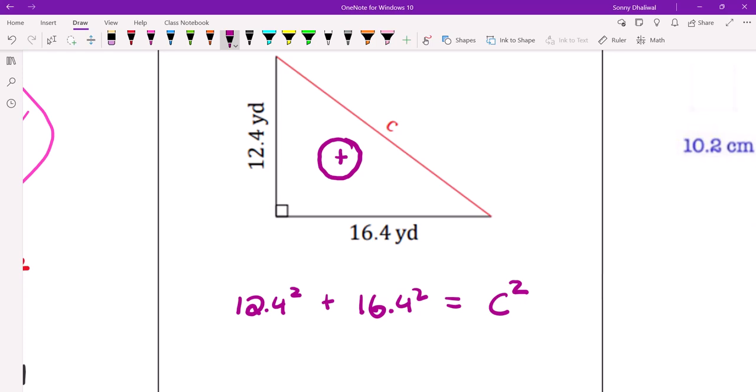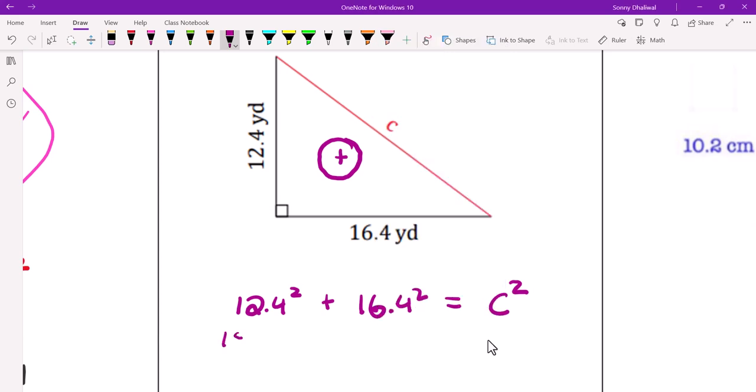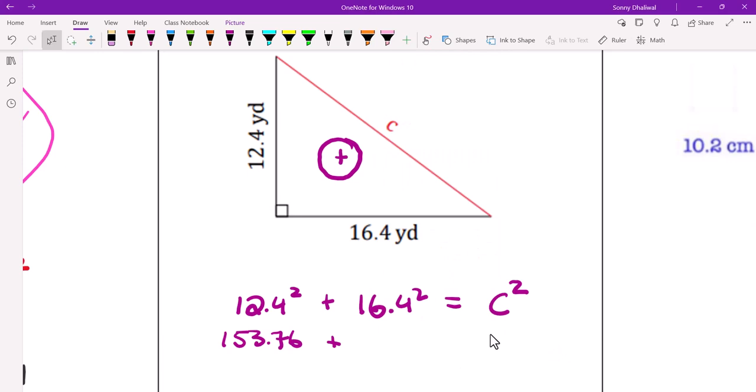Then we grab our calculator. What is the first square? 12.4 squared. We grab our calculator. 12.4 to the exponent 2 is 153.76. We have 16.4 to the exponent 2. We get 268.96.